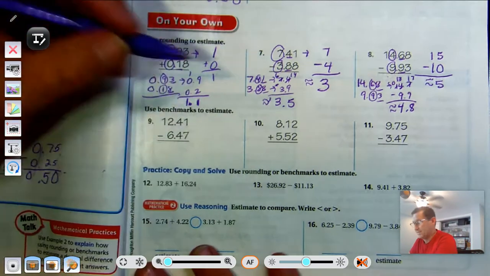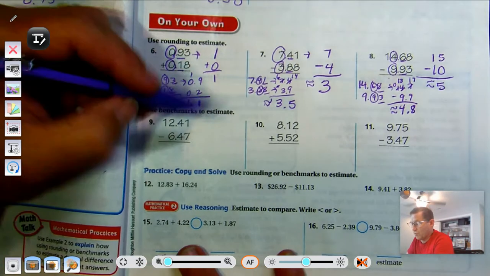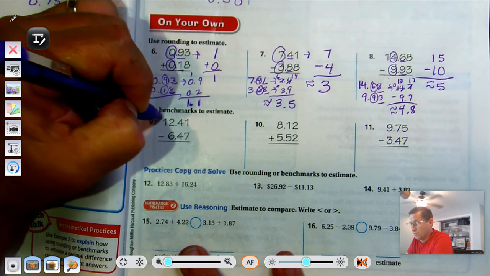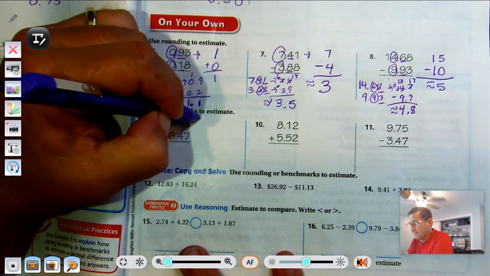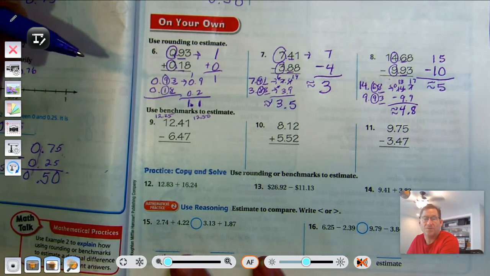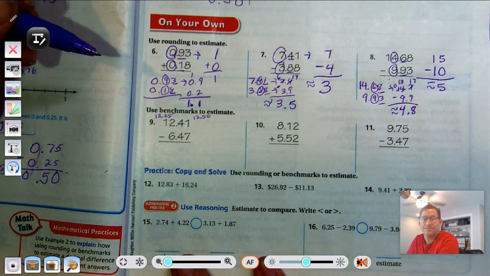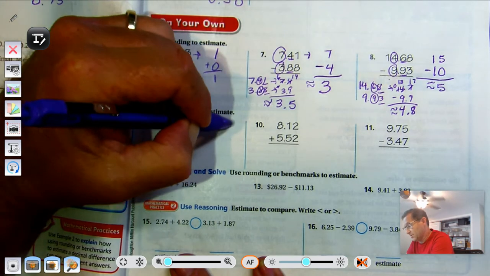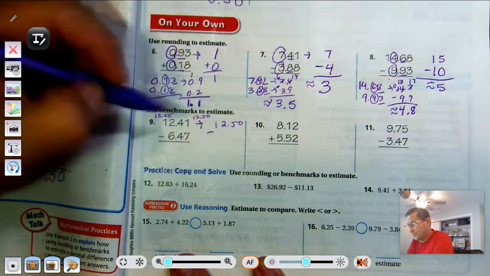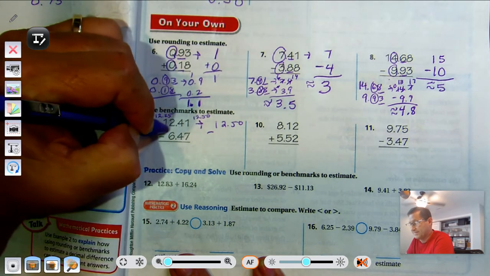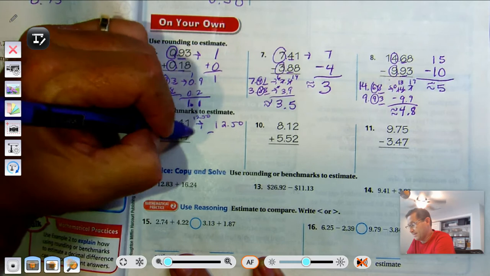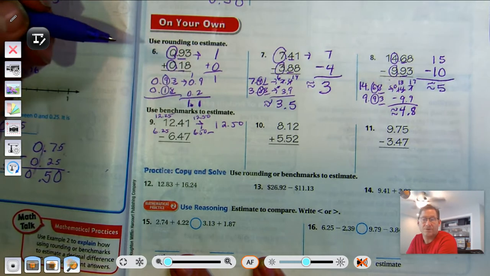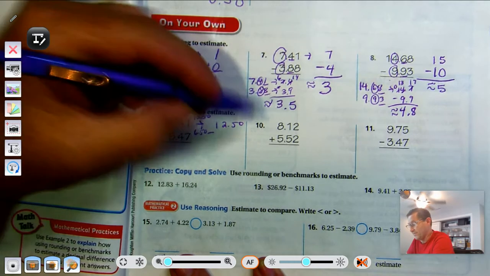Use benchmarks to estimate. So 12.41, that's in between 12.25 and 12.50. Well, that's closer to 12.50. 6.47, that's in between 6.25 and 6.50. It's closer to 6.5.